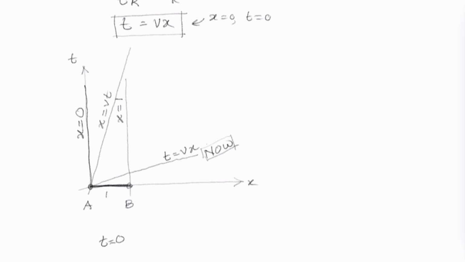So according to me, this is one end of the tape and this is the other end. So this is the length of the tape according to me. Notice according to you, this is a measurement of two ends of the tape at two different times. So what you mean by the length of the tape will not agree with what I mean by the length of the tape.